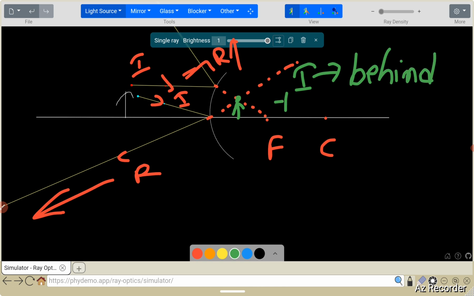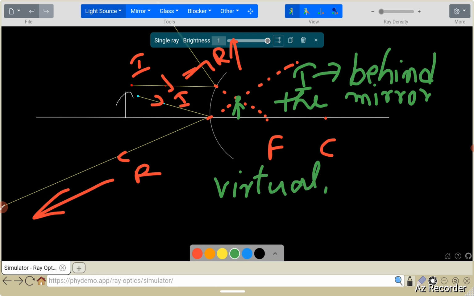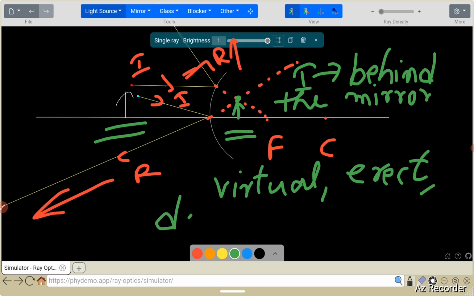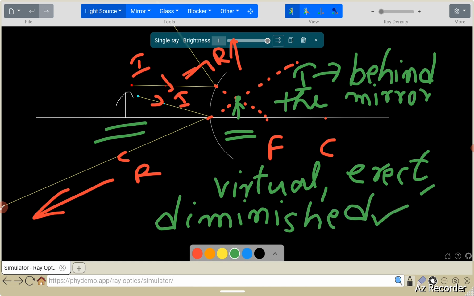Yes. And what is the nature of the image? It is formed due to extension of reflected rays. So it is a virtual image. And how is it? It is above the principal axis. So it is erect. And what is the size? This is object size and this is image size. If you observe, image is smaller. That means it is a diminished image. So the mirror which always produces a diminished image for any position is the convex mirror.